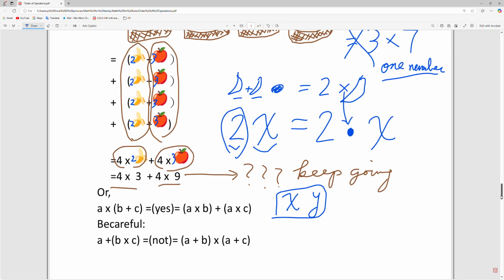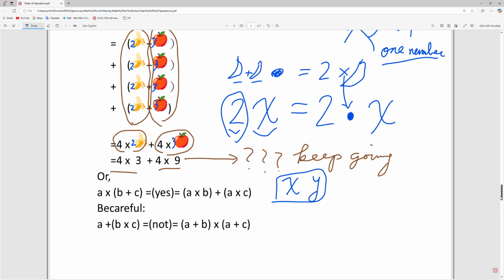Okay, and if you are algebra students, then you understand if you have addition inside, then you can distribute. So yes, you have A times B plus A times C. Be careful if you have a different situation.